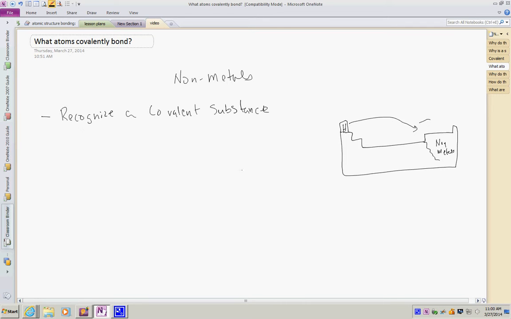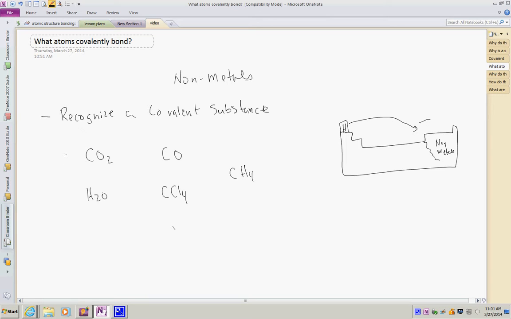So common covalent compounds: carbon dioxide, carbon monoxide, water. Again, I'm using oxygen in them, but you don't have to use just oxygen. Carbon tetrachloride, methane. All of these compounds contain nonmetals.